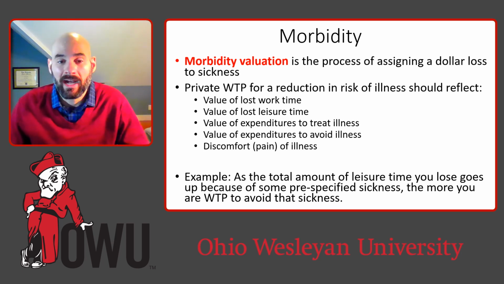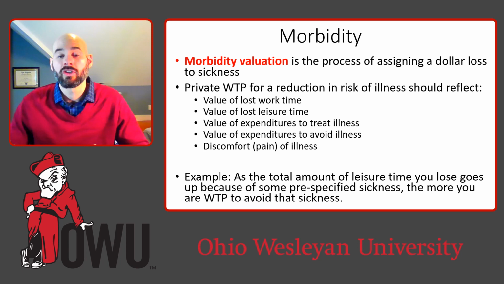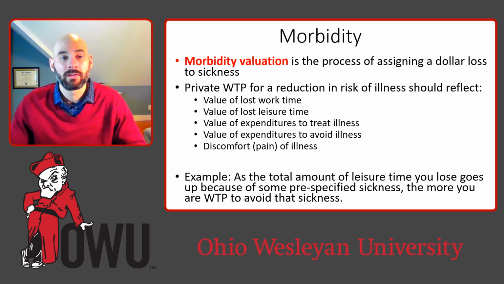And so just as one example here, as the total amount of leisure time you lose goes up because of some pre-specified sickness, the more you are willing to pay to avoid that sickness. So we think there may not just be a linear relationship between willingness to pay and morbidity, but one that's increasing as well.